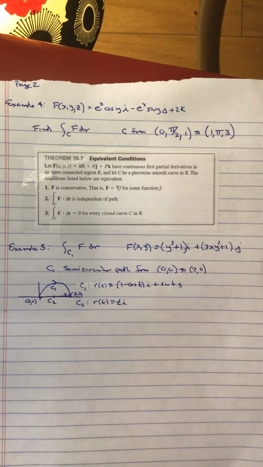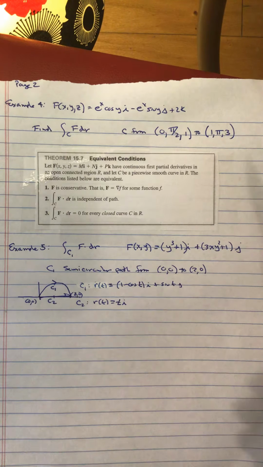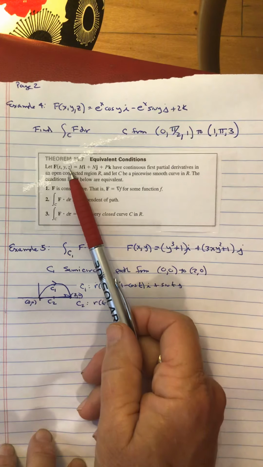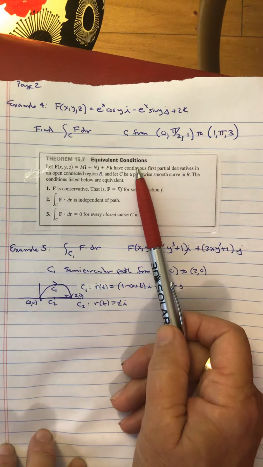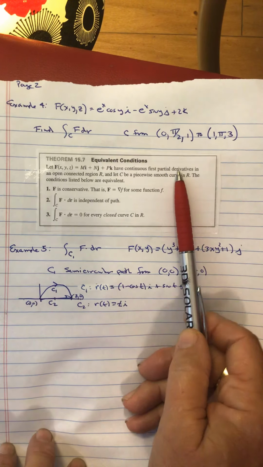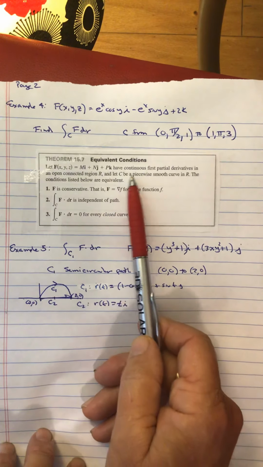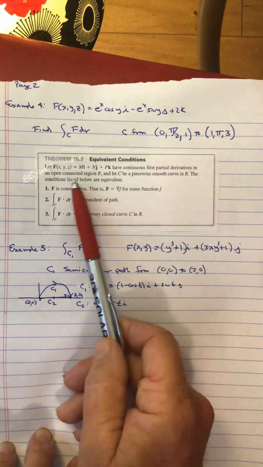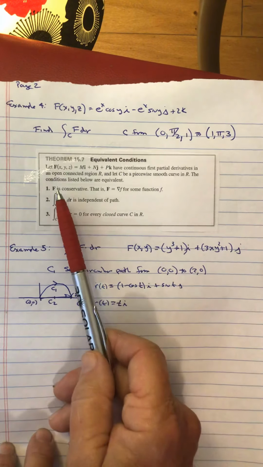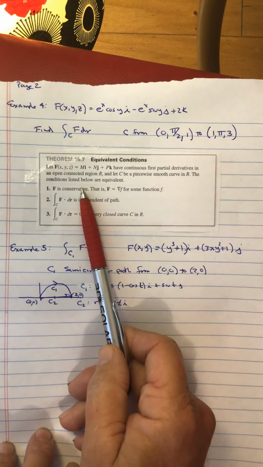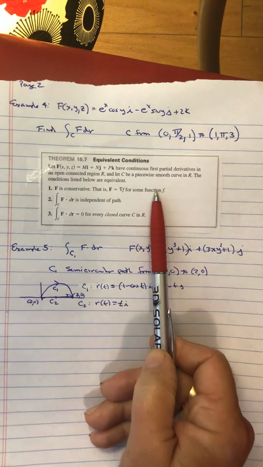So here is a theorem, and these statements all say the same thing. If you have a vector valued function with continuous first partial derivatives, and you have a piecewise smooth curve, then if the function is conservative, that means there's a potential function.